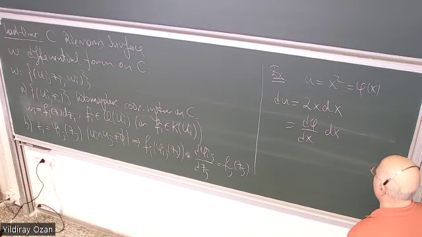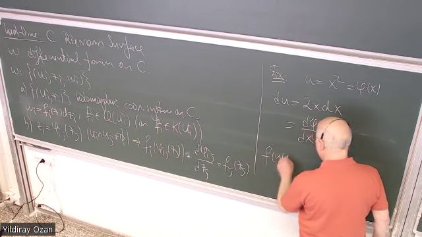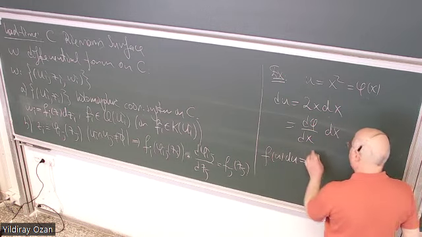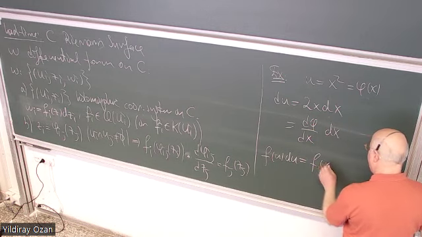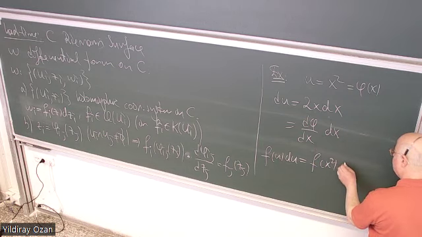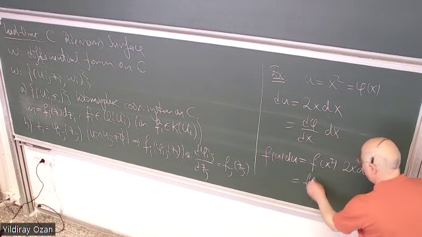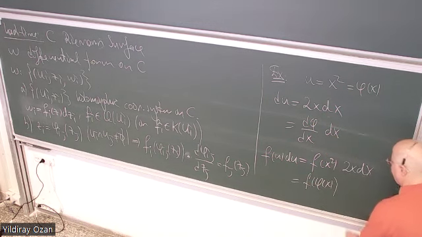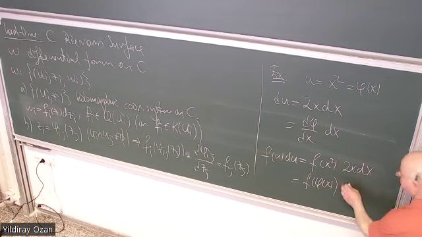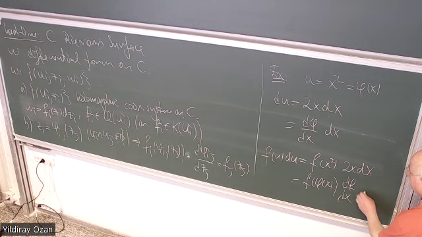If I had f of u du, then I would have f of x squared and then 2x dx. So this would be just f of phi of x and then d phi dx dx.